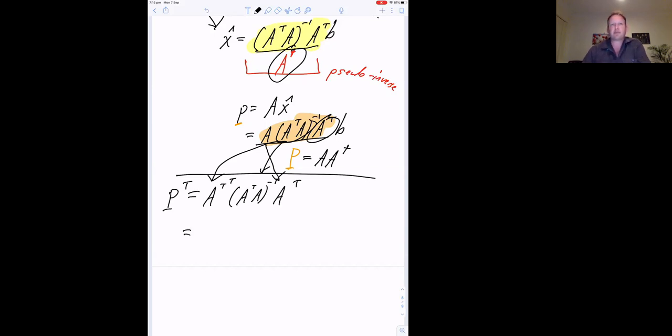What's A transpose transposed? This is just A. And we have an inverse transposed.